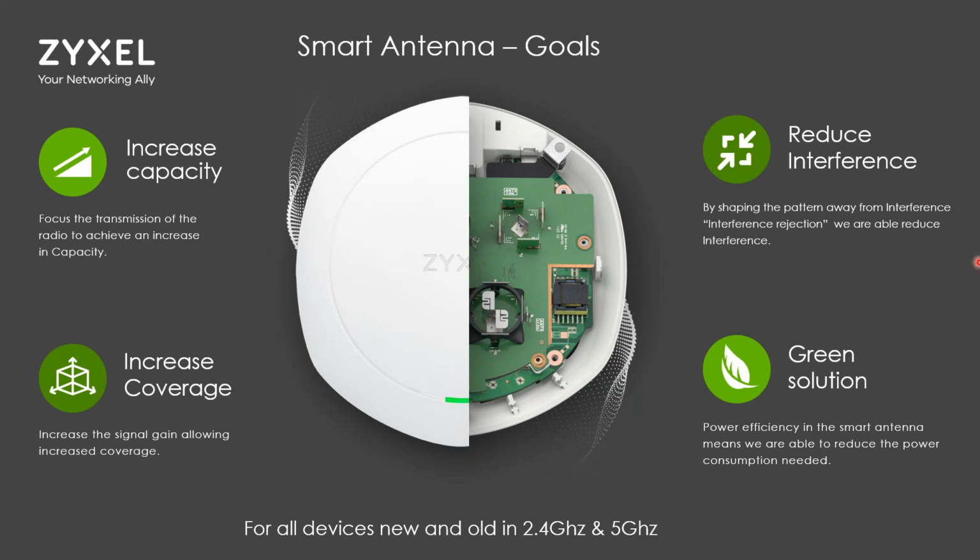We reduce interference because we are not shouting in an omnidirectional pattern, but talking to each client on its own. Since we can steer the energy only in the direction needed, we can save on power as well, so it is electricity efficient.